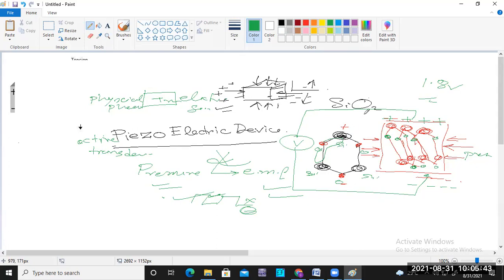Can anyone say this? Anyone can try? Look, oxygen is the metal. Oxygen is, yes, sharing of electrons, sir. Of course, sharing of electrons.